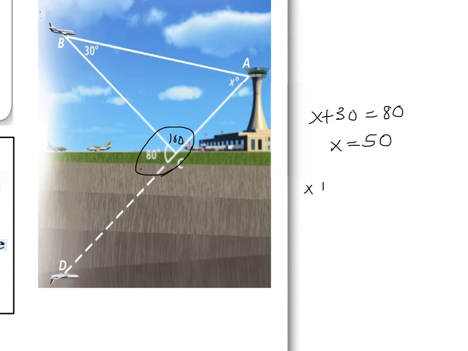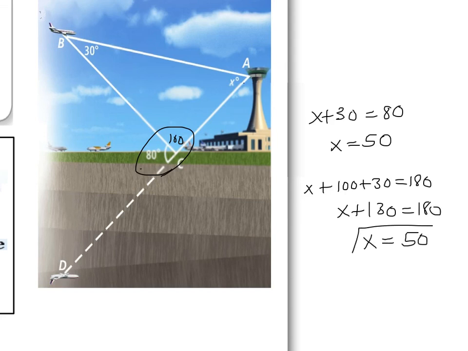So X plus 100 plus 30 equals 180, or X plus 130 equals 180, and if you solve that, X equals 50. That's another way to solve it. So that's a 50-degree angle.